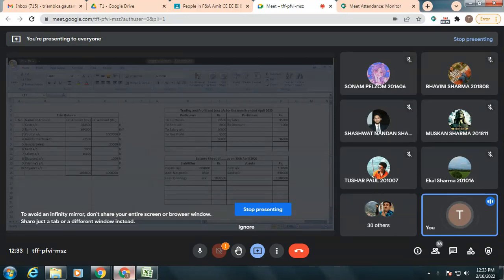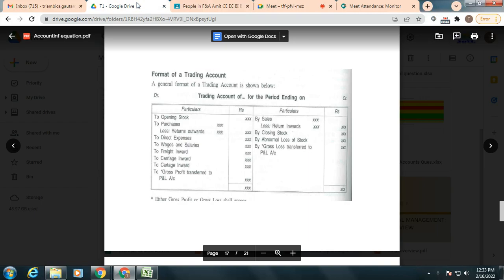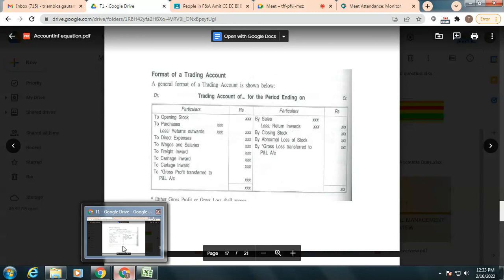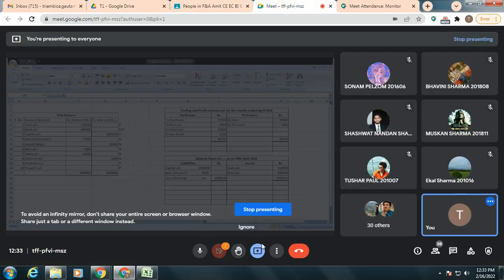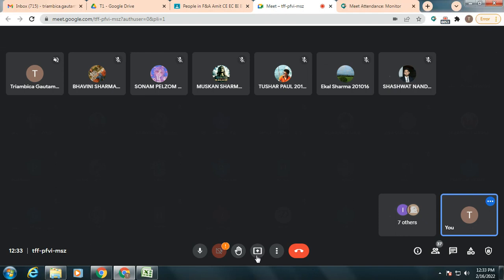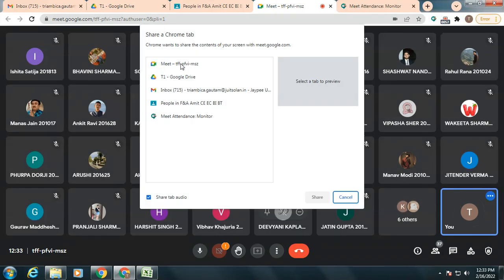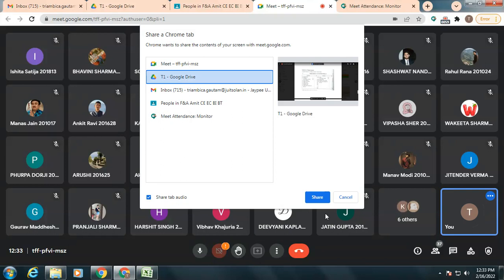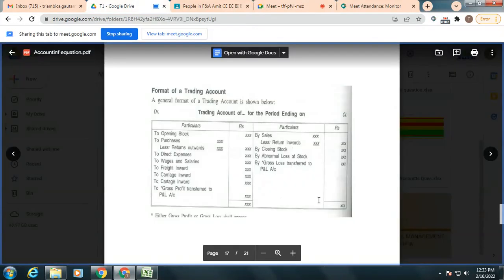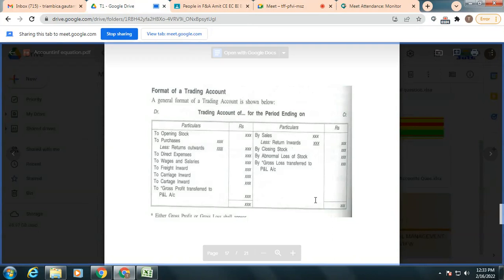Now let us look at the format for the trading and profit and loss account. What you see on your screen now is what is known as the format of a trading account.